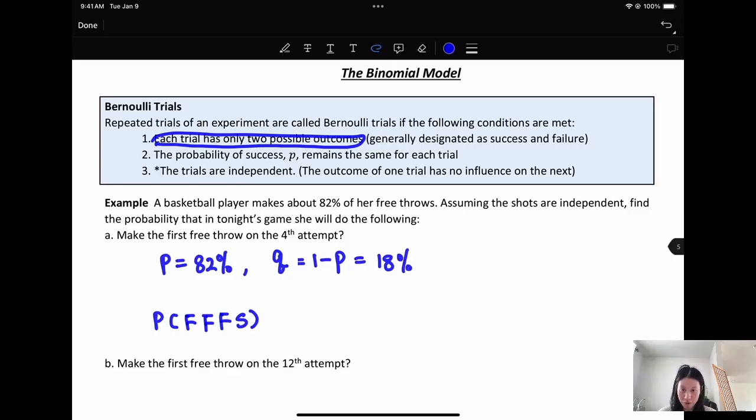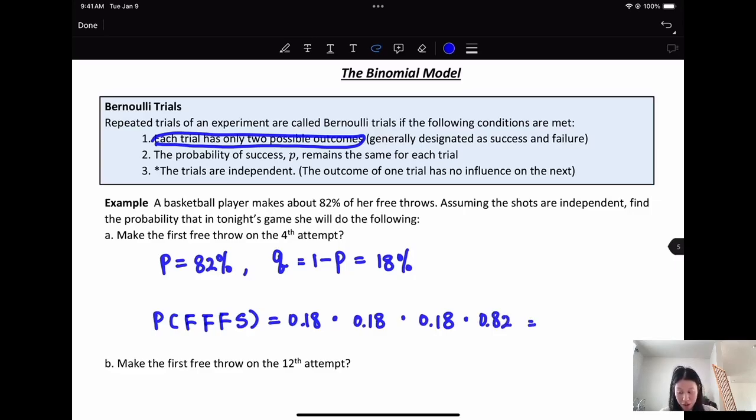So the probability of the first three failures, remember that we use the multiplication rule: 0.18 times 0.18 times the third failure, which is 18%, times the 4th attempt where she made the first free throw, which is 82%.